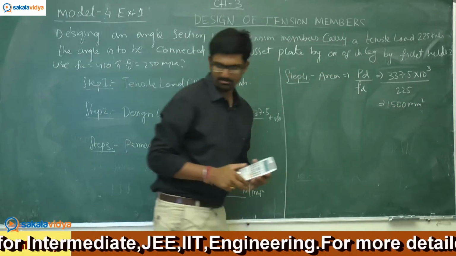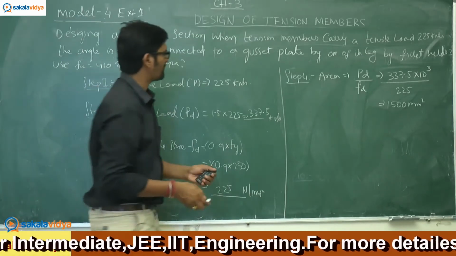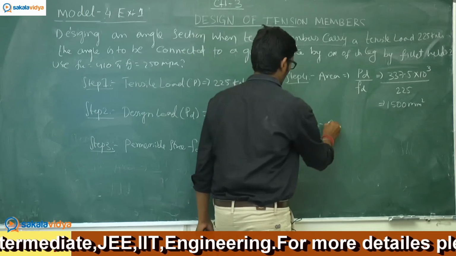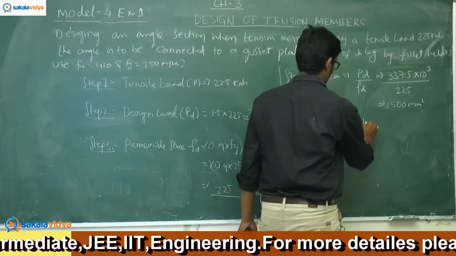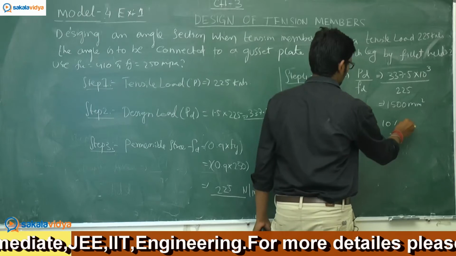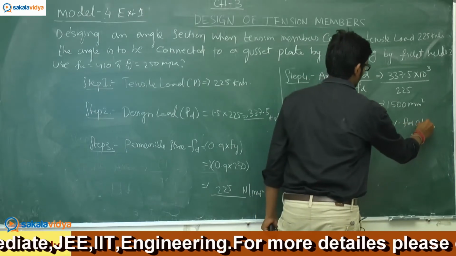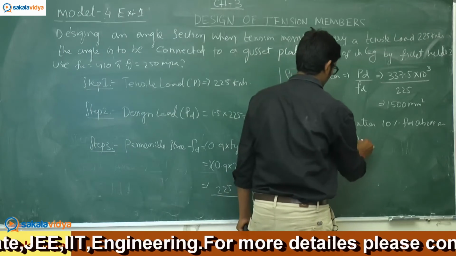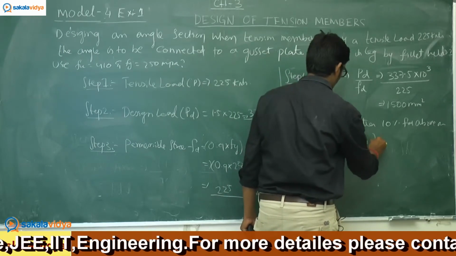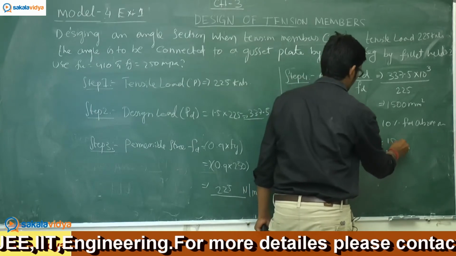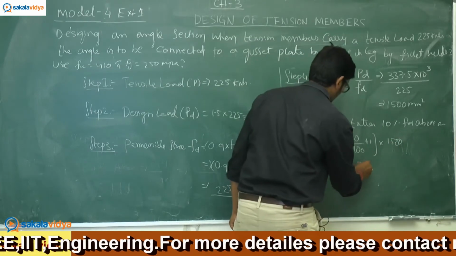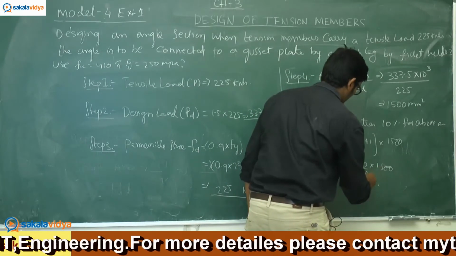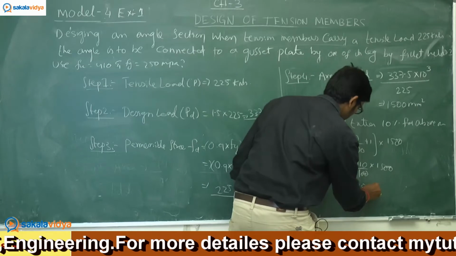So what is the required area? As I told you, in step 5 we need to add extra 10% to the above area for safety purposes. So what does 10% mean? 10 by 100 plus 1, times 1500. That is 110 by 100 into 1500. So 2 zeros get cancelled, so 15 into 110.